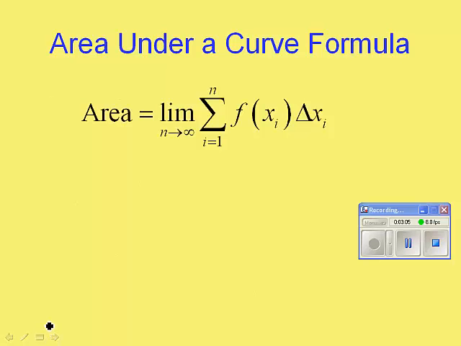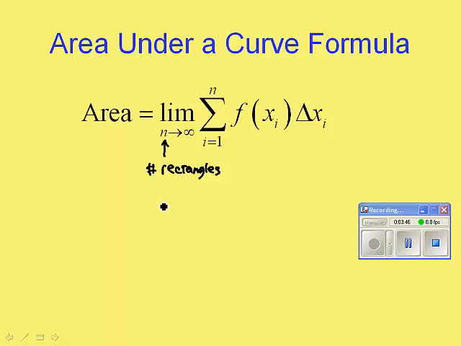Now, we get to an important idea. The area under a curve formula says the following. The area is going to equal, here's an idea from Calc 1, the limit as n approaches infinity. How do you read that? What is n again? What do I mean, the number of rectangles approaches infinity? As you get more and more rectangles, and how do you do that?